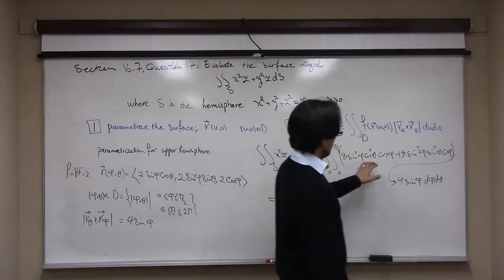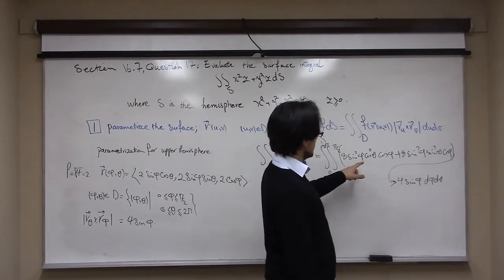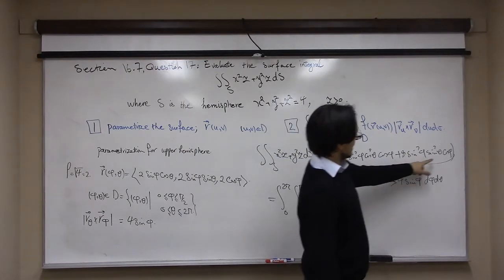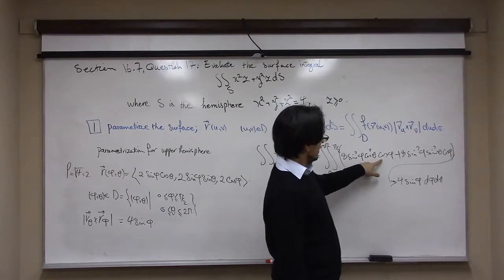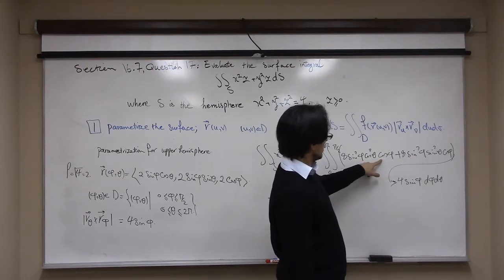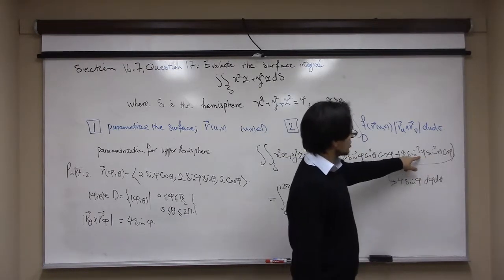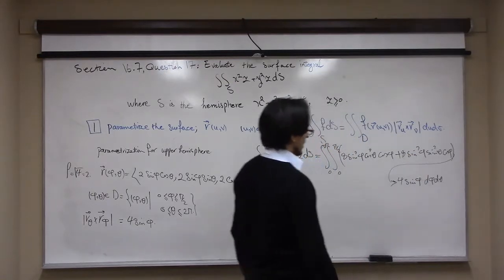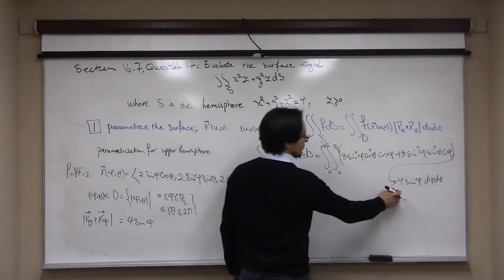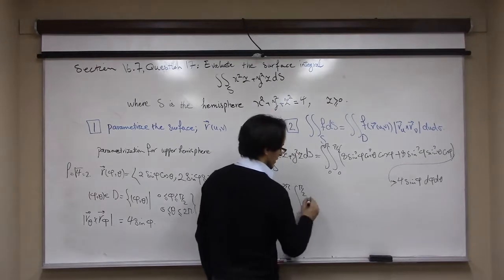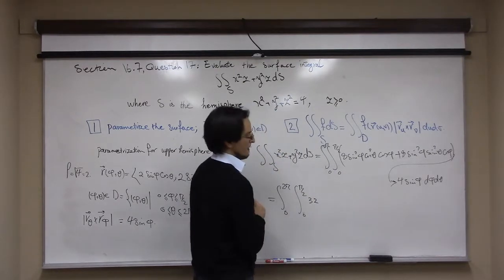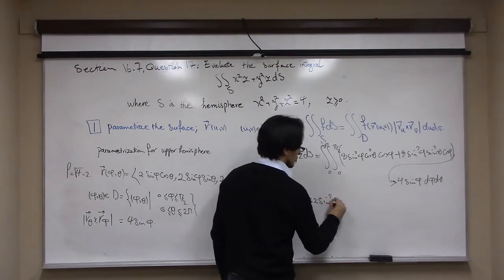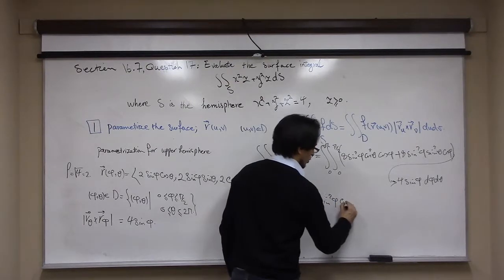Okay, now I can do some computations here because look at here. I can factor out cosine phi sine square of phi. So I will get 4 here, 8 there, so I'll get 32 sine square phi cosine phi.